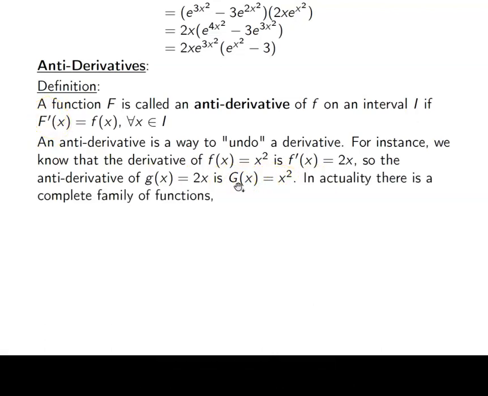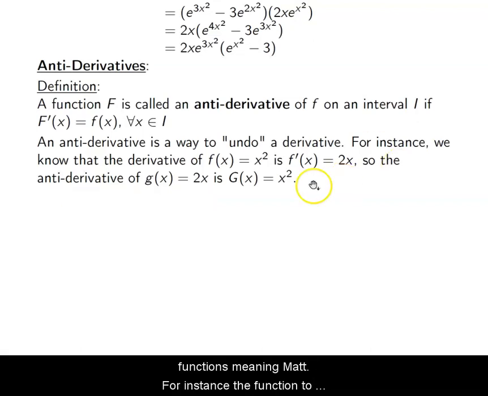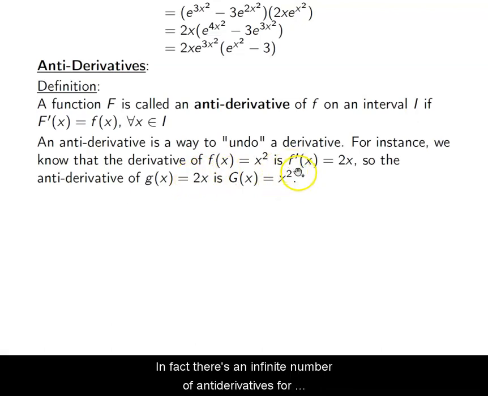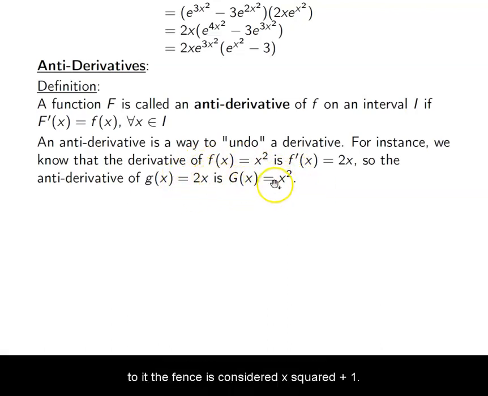When we do antiderivatives, there are actually families of functions, meaning that, for instance, the function 2x has more antiderivatives than just x squared. In fact, there's an infinite number of antiderivatives for the function 2x. There's an infinite number of functions such that if I were to differentiate them, I would get 2x. For instance, consider x squared plus 1.